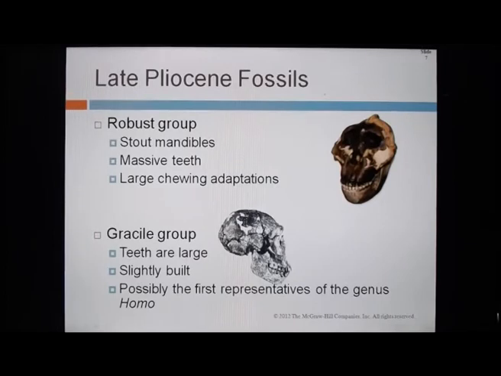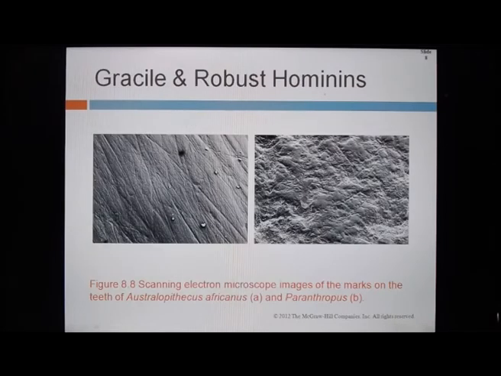That's for muscle attachment. And gracile groups. The teeth are large, but not as large as robust groups. They're more slightly built, not much more. And it's because of that slighter build, the idea is that one of these groups is the ancestor to the genus Homo, and then, of course, to us.